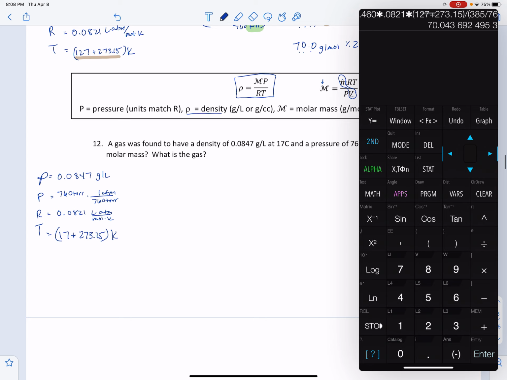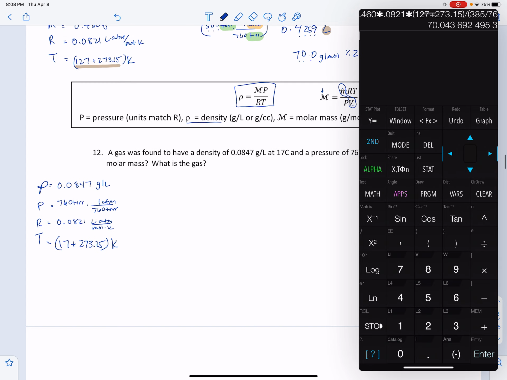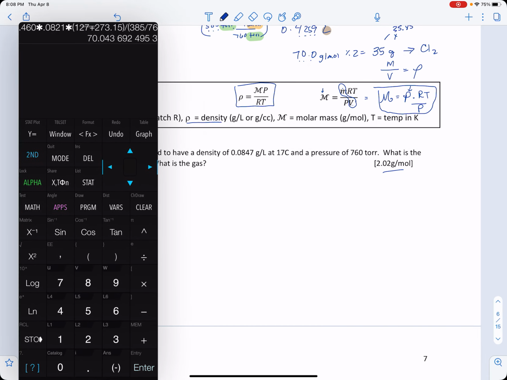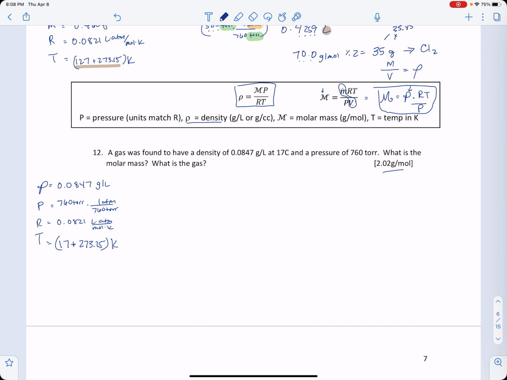Then we go on to this one. I'm going to use the version that's over on this side.